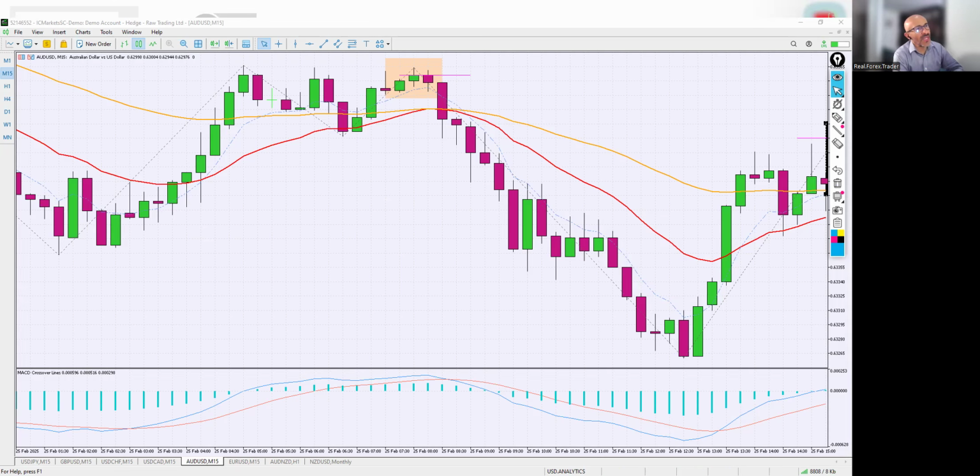So look at this. As you can observe here, we have that Tweezer Tops. It appeared, look at this, after an uptrend movement, right? So I have this rally, this correction, this rally, and right here appeared my Tweezer Tops.